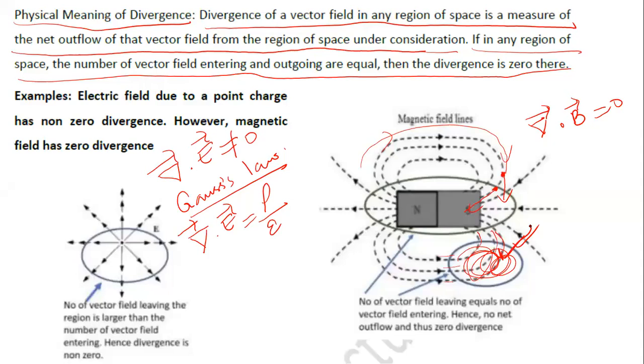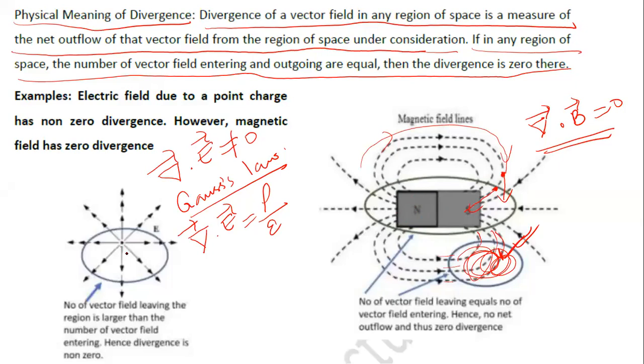All right. So see, this divergence of B concept occurs only due to the presence of two magnetic poles. Suppose I can have a single magnetic pole like a north pole here.